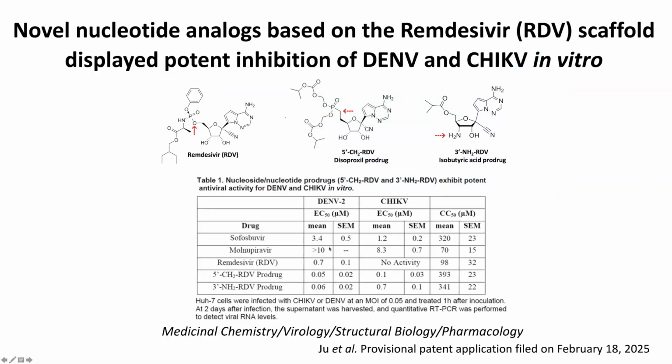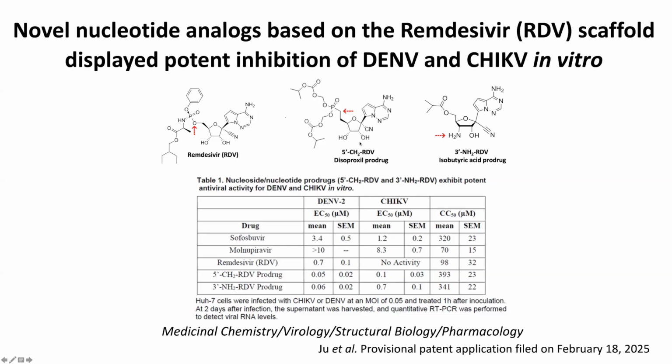Again, these are some examples of the molecules we designed and synthesized. This is a prodrug. Again, here you replace this oxygen with a methylene group. We call this a methylene-RD, based on the remdesivir scaffold. It turns out this has reduced activity for coronavirus.